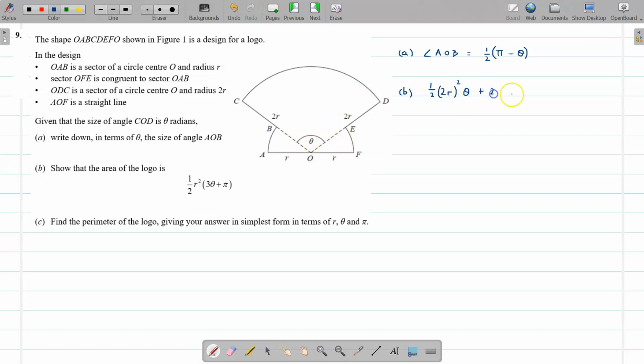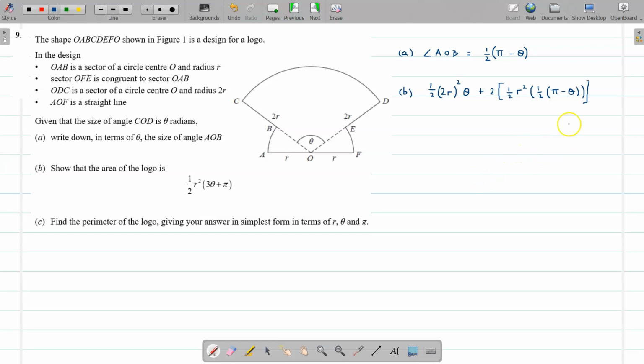Two lots of those, and those have an area of a half of r squared, and the angle is what I just worked out, half r squared, and it's a half of pi minus theta. Quite a lot of brackets in there, but I'll try and make sure I close them correctly. Yeah, that's right.